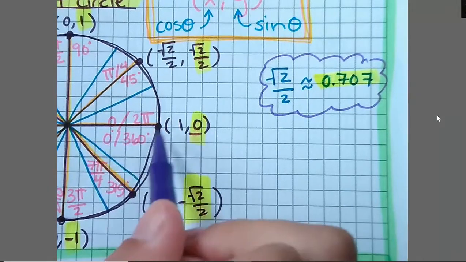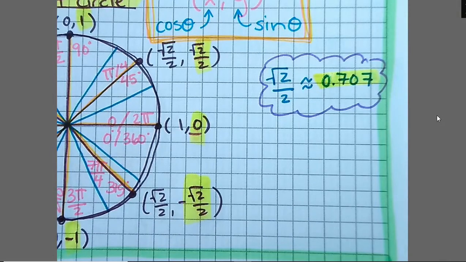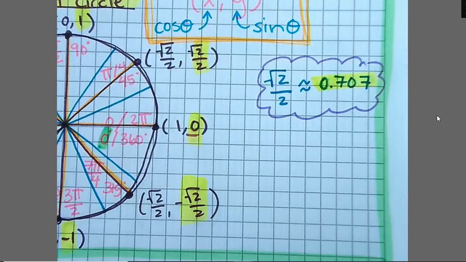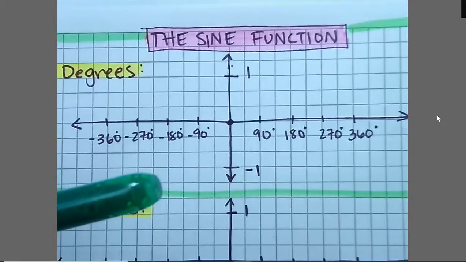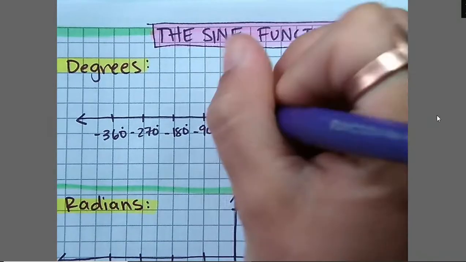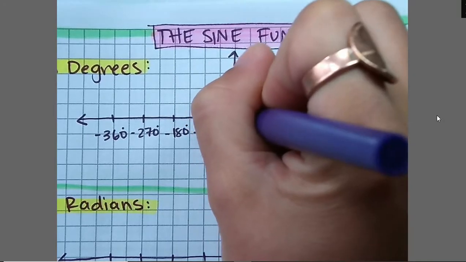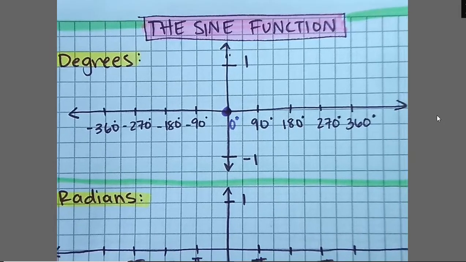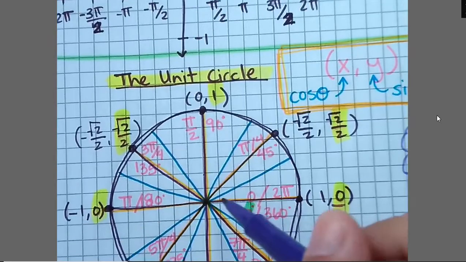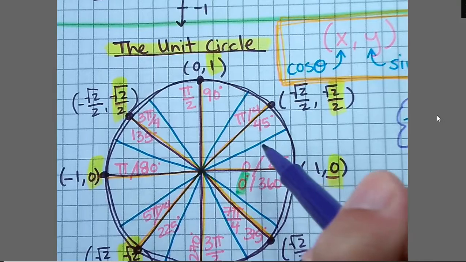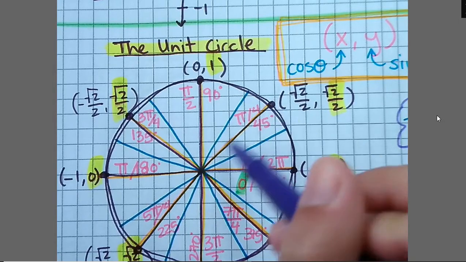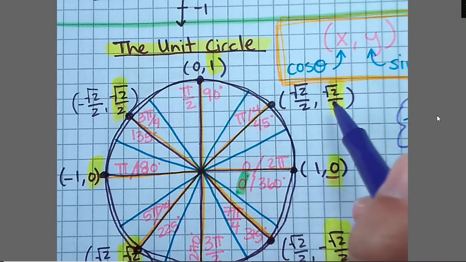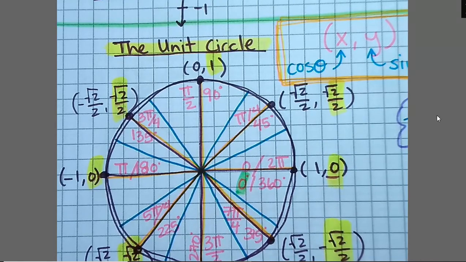So let's go up to the top. For the first one at 0 degrees, it's 0. So at the very top, in degrees, this is 0 degrees, we have the point 0, 0. Then moving up, I'm skipping these and just going to some important ones. At 45 degrees, it's going to be root 2 over 2, which is about 0.7.